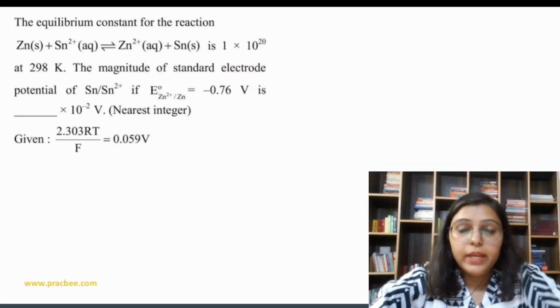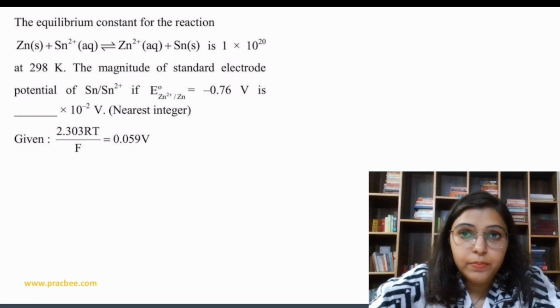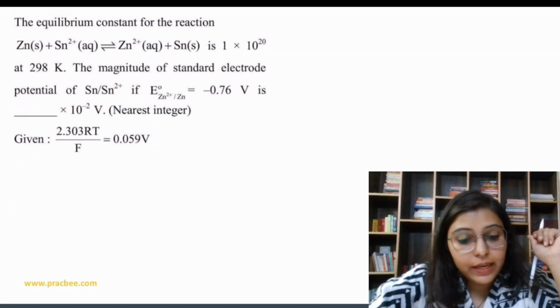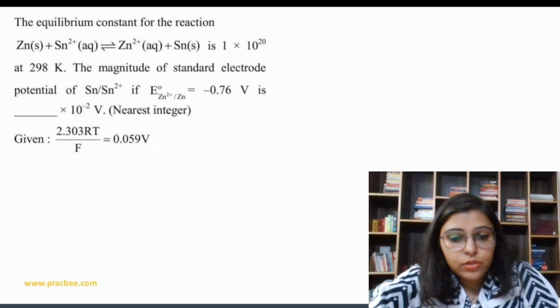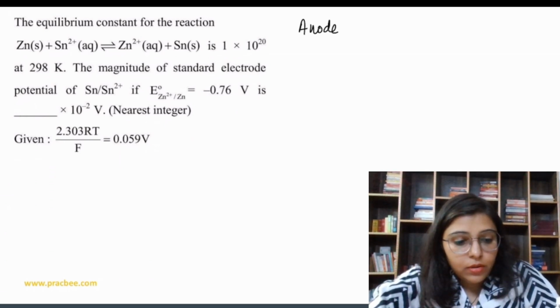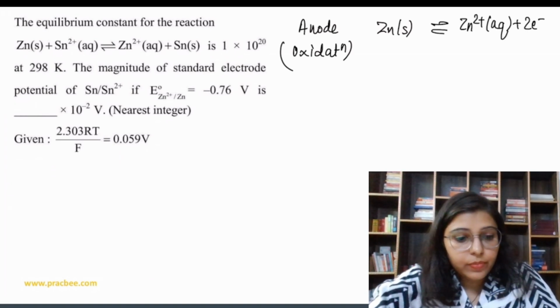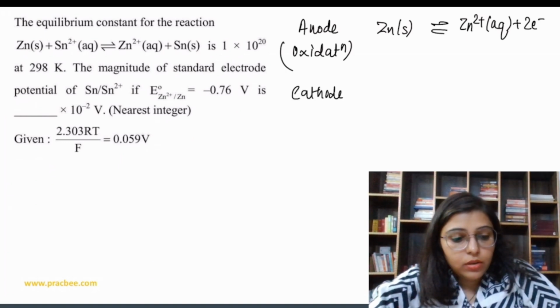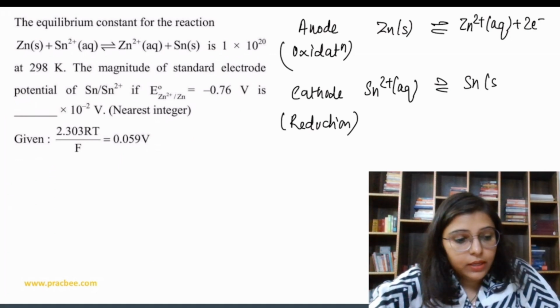The next question: the equilibrium constant for the reaction. The reaction is zinc solid plus Sn2+ aqueous gives Zn2+ aqueous plus tin solid. Let's write down the reaction. On the anode, oxidation happens, so we can write zinc solid gives Zn2+ aqueous plus 2 electrons. Now on the cathode, reduction happens, so we can write Sn2+ aqueous plus 2 electrons gives Sn solid.